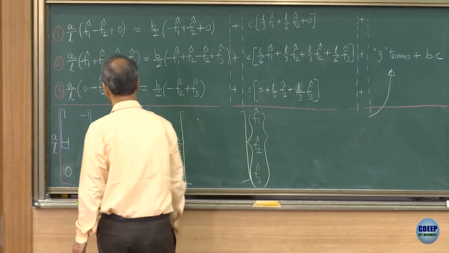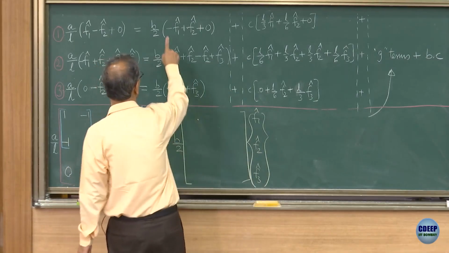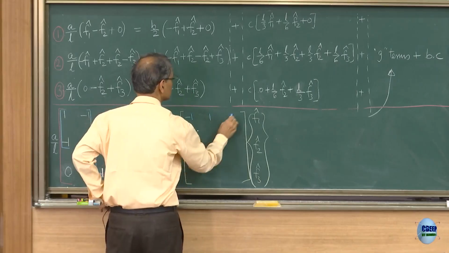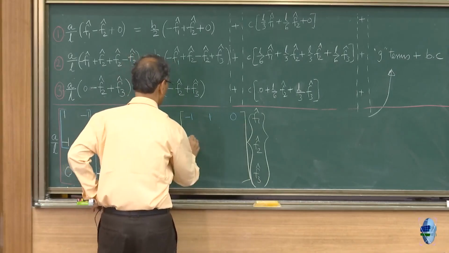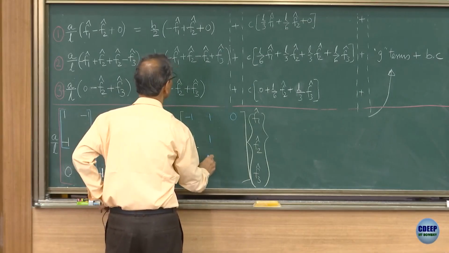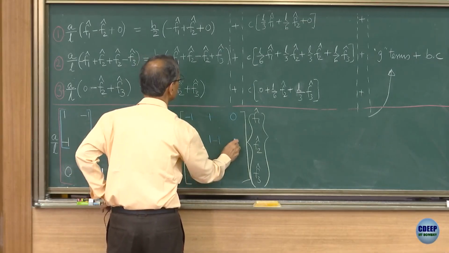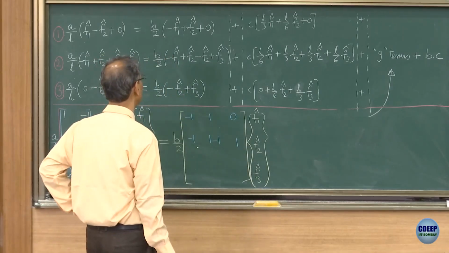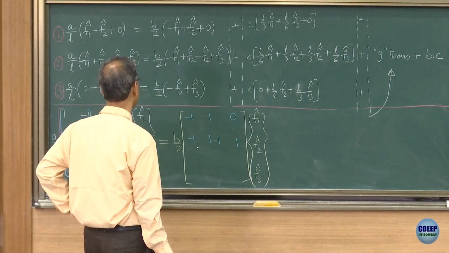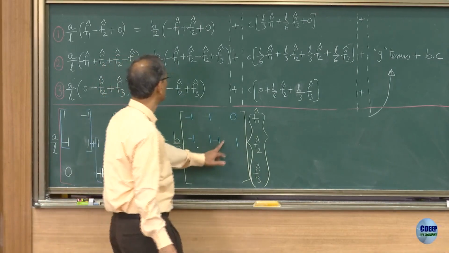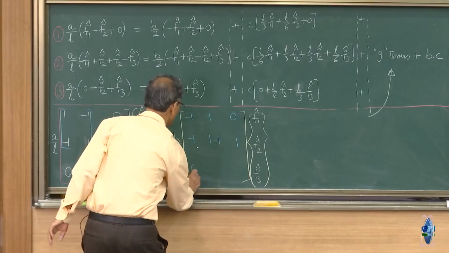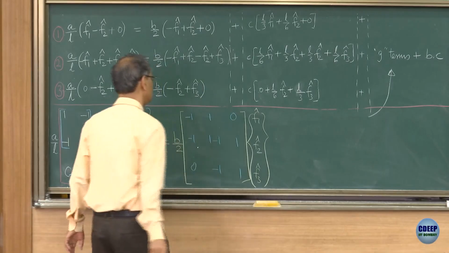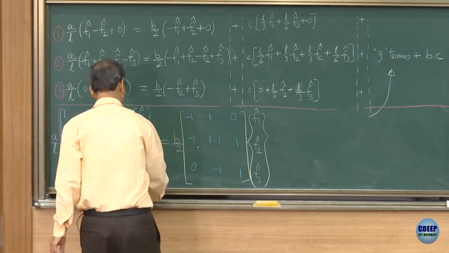So this would be minus 1 1 0, minus 1 1 minus 1 1. Please see if I am making any mistake, just check that. Minus 1 1 minus 1 1 0, minus 1 1.